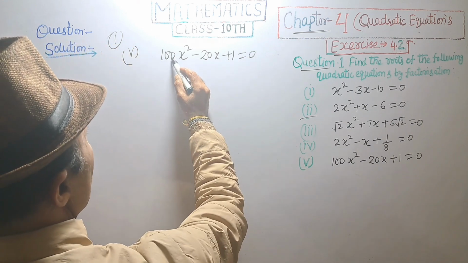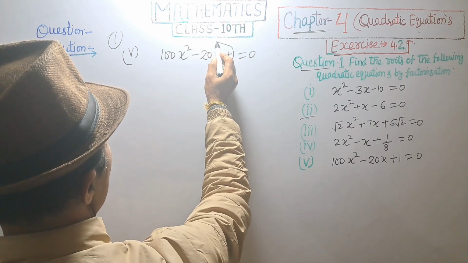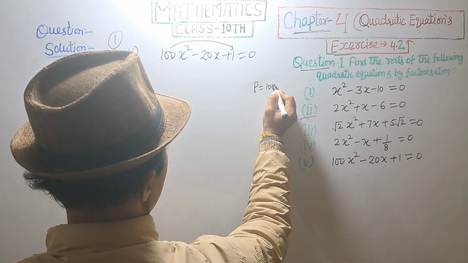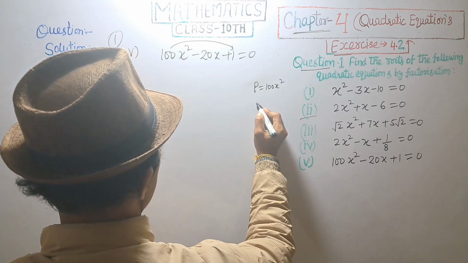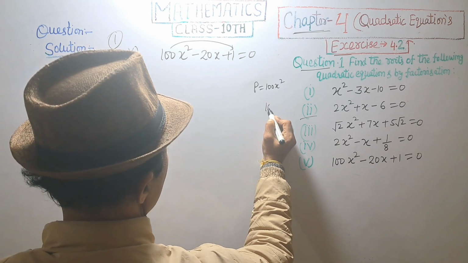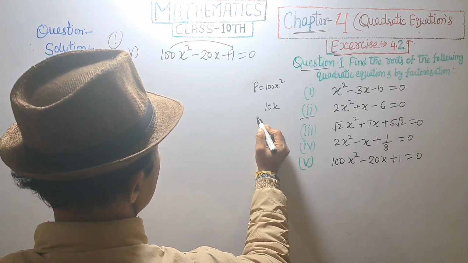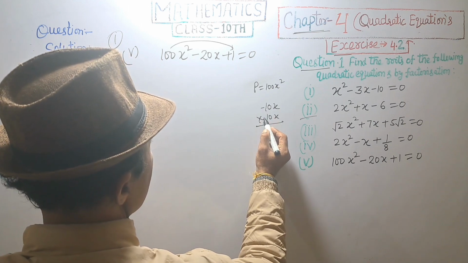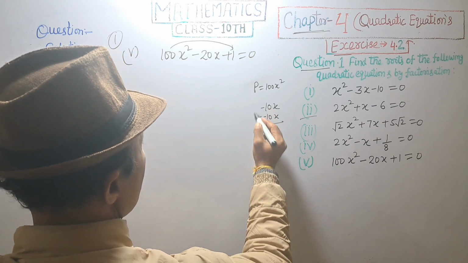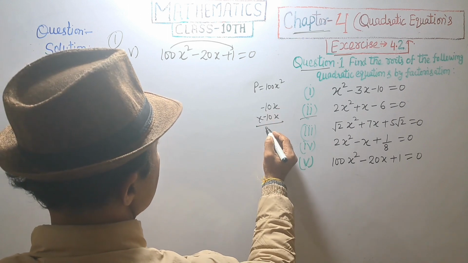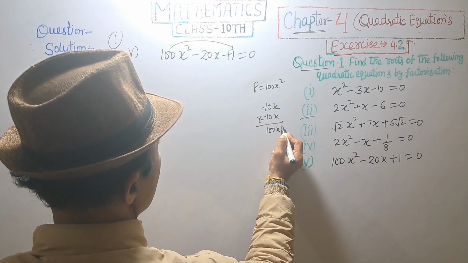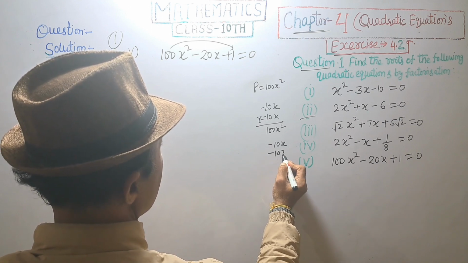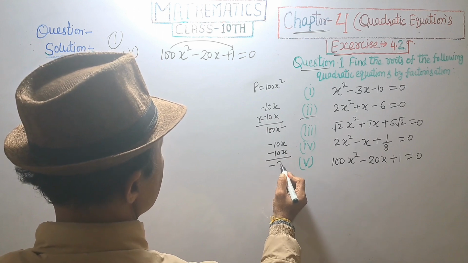The product of first and last is 100x², and that is 10x into 10x, minus 10x minus 10x. The product of minus 10x and minus 10x is positive 100x², and the sum of minus 10x minus 10x is minus 20x.